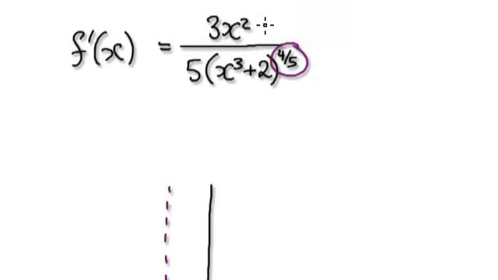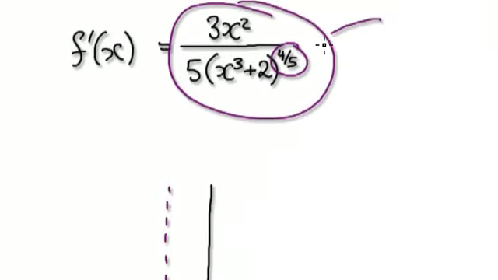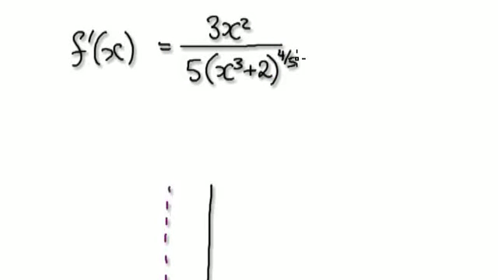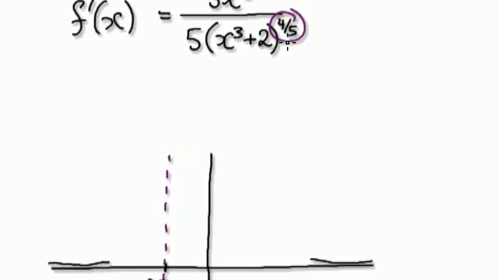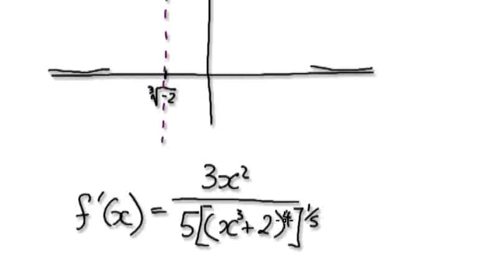So we're trying to understand this, but we don't really understand what it means to have a power of 4 over 5. So rewrite this 4 over 5 thing as this: when you have this, times by itself 4 times, and then take the fifth root.